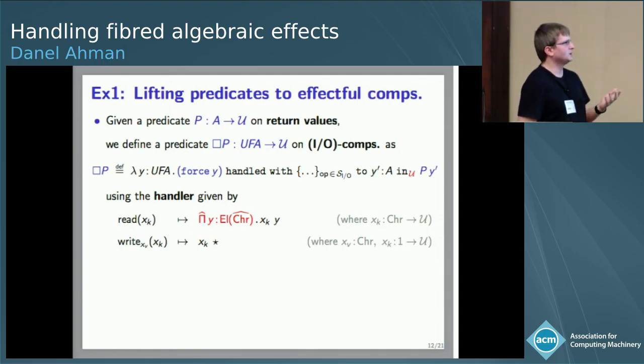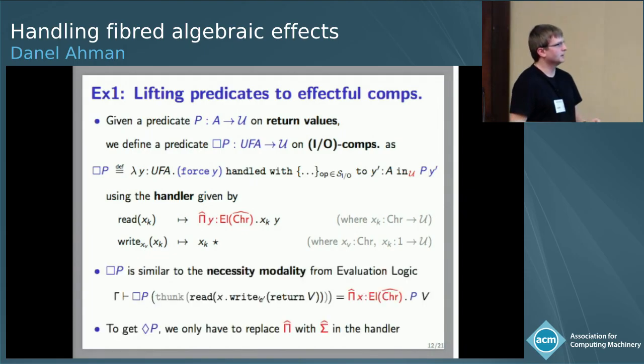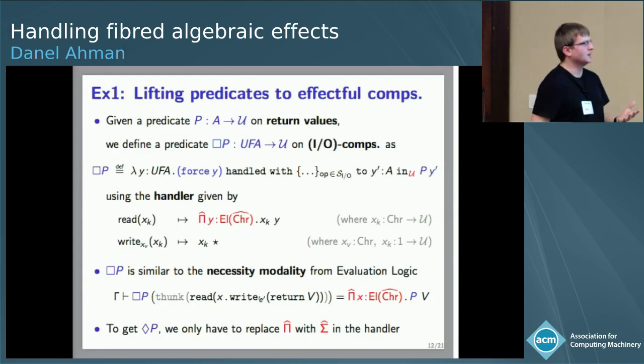So the read operation, which usually binds a value of type character and then calls a continuation, gets turned into a universal quantification over the characters, and then the rest of the property. The idea here is that the box P will hold of a computation if all of the possible return values satisfy the given predicate. If you look at the equation down here, this is an example of what's happening.